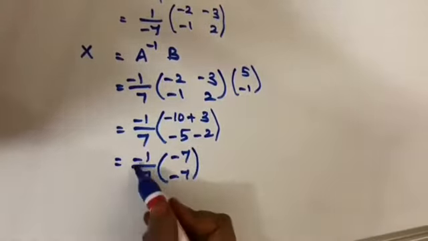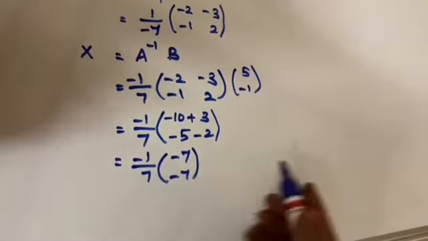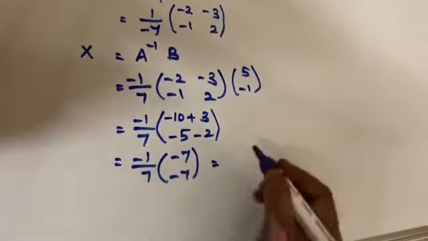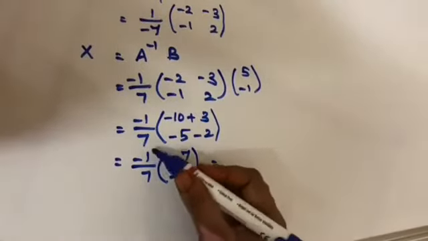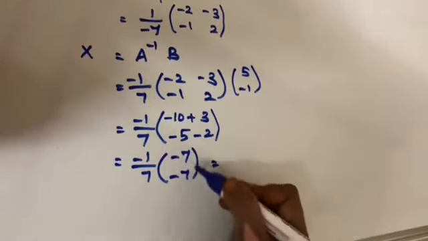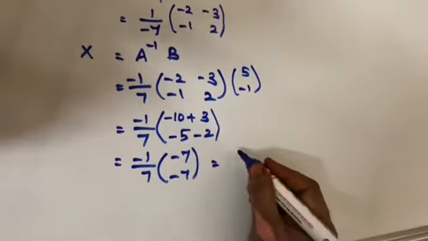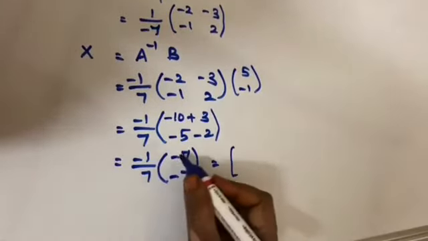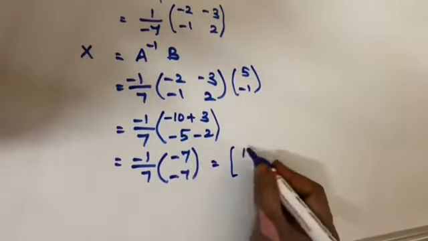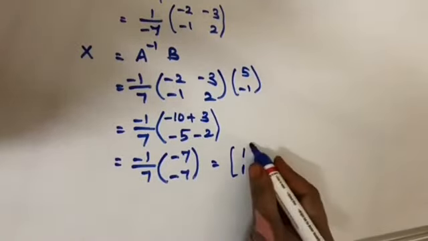Now we can multiply the matrix with this scalar. Shall we multiply? So you have to multiply this minus 1 by 7 with all the elements of the matrix. While multiplying, you get minus 1 by 7 into minus 7, you get 1. Similarly, minus 1 by 7 into minus 7, it is also 1.